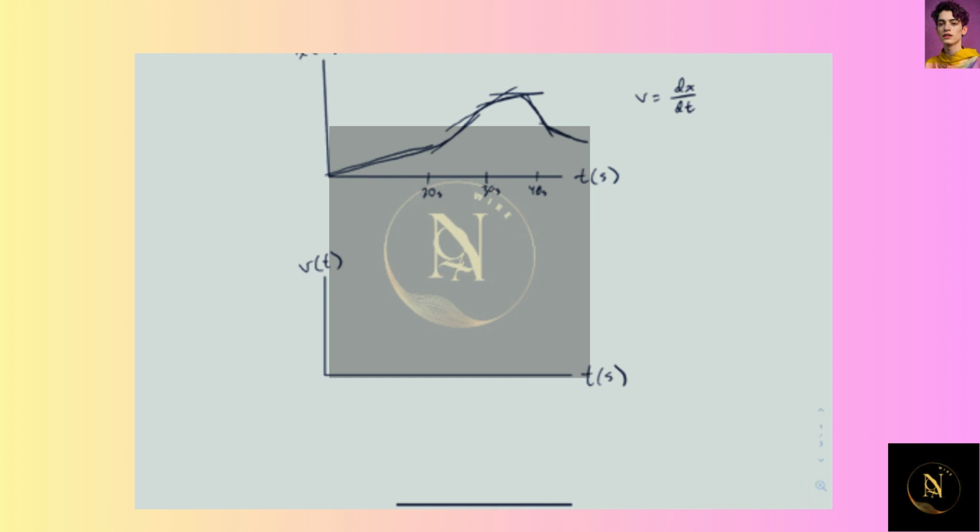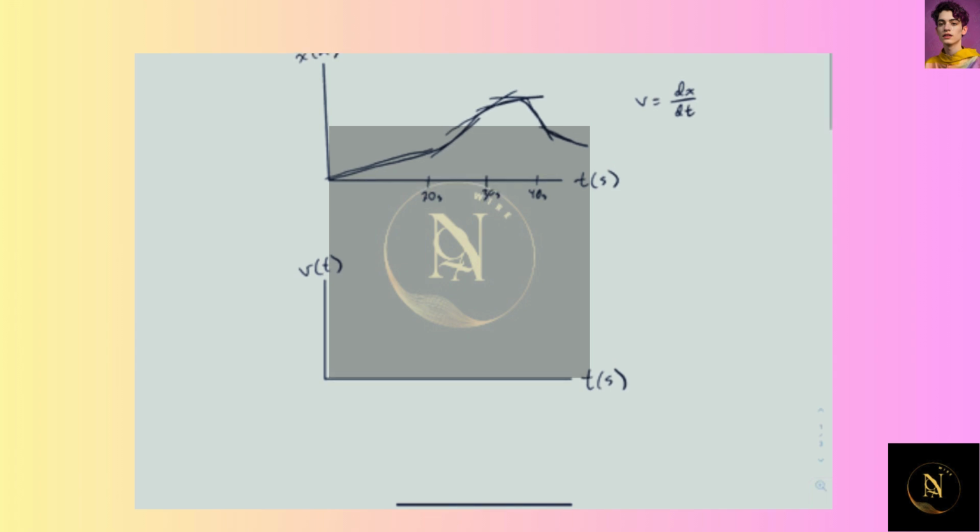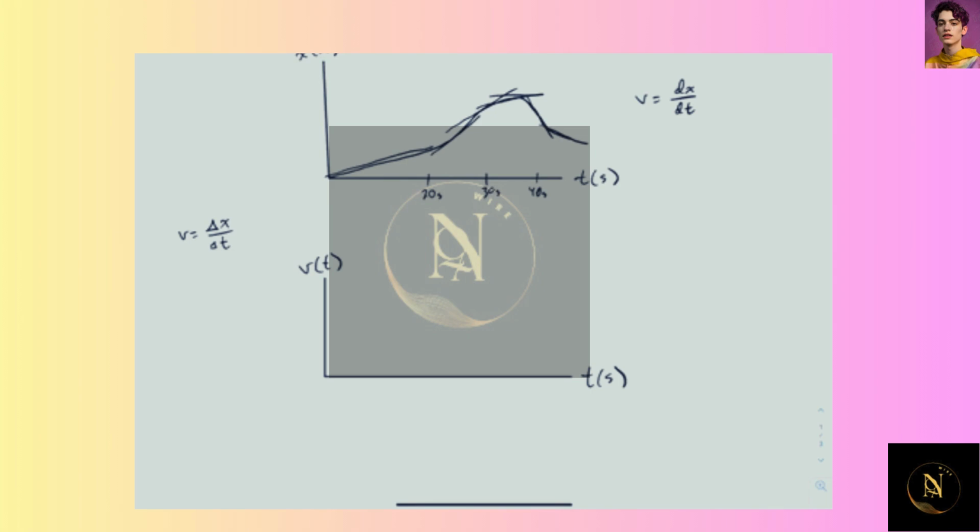And in general, let's break this into sections. So 0 to 20 seconds, we have a constant slope for the position versus time. So that means we're going to have a constant velocity. And our velocity in that time, I'm just going to estimate. I'll say delta x over delta t for a larger range.